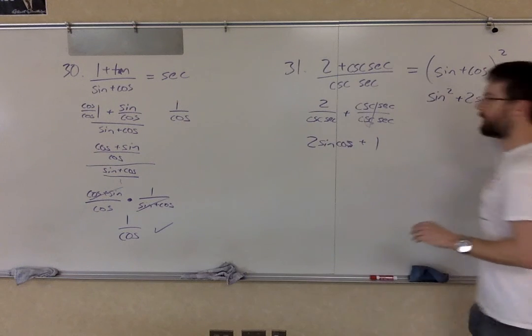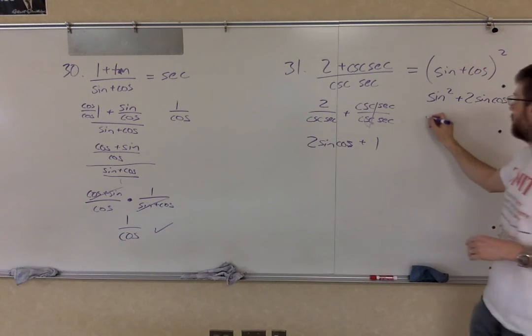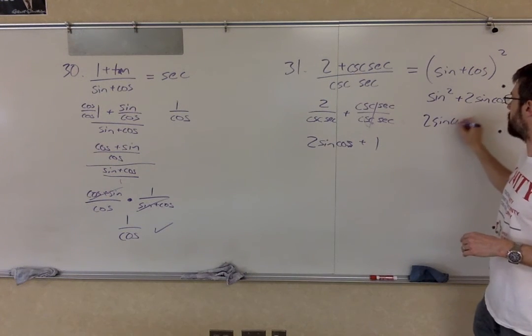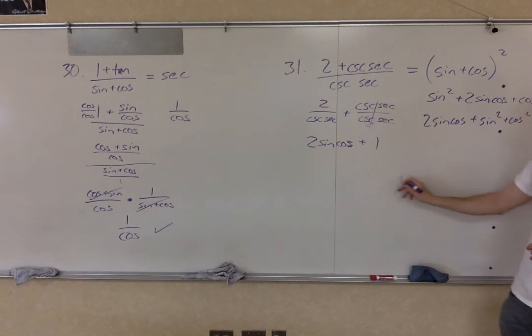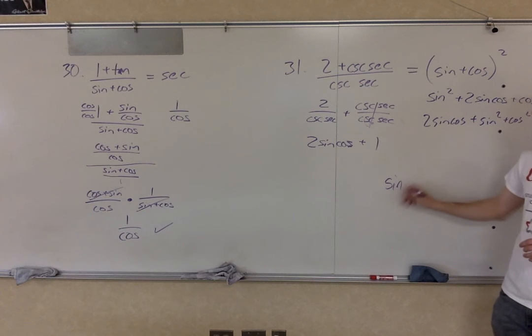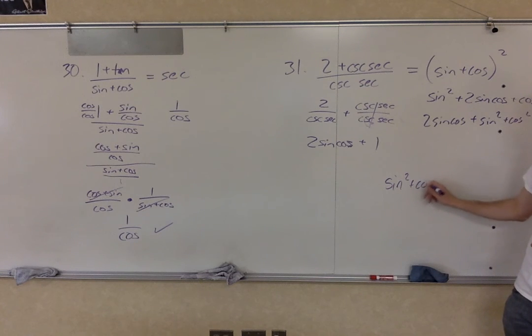If I reorganize this side a little bit, 2 sine cosine, that looks good, that matches. And then the sine squared and the cosine squared, I'll put those last. Well, sine squared, the Santa Claus one, sine squared plus cosine squared is equal to 1.